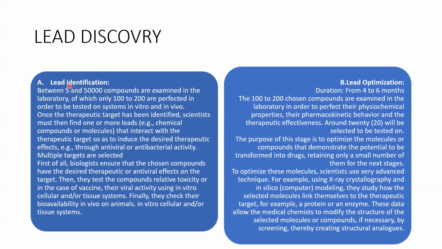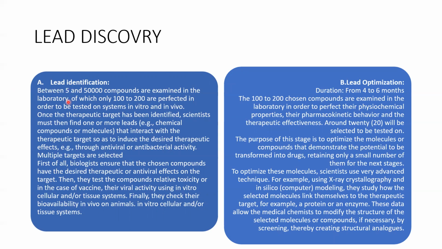Only in the presence of COVID and a very emergency time do we usually study a small number of targets. But otherwise, we take around 50,000 to 1 lakh compounds in the laboratory, and among them we pass only a very few to the next stage.